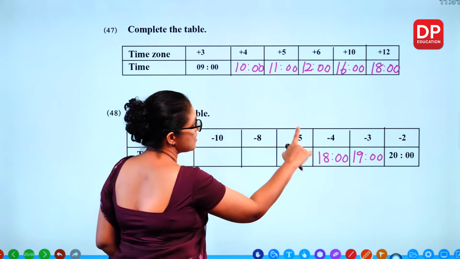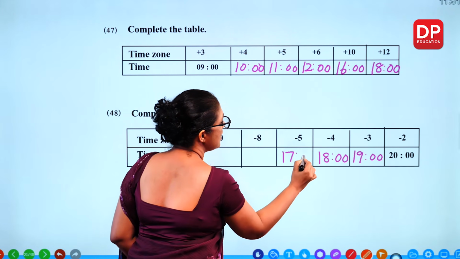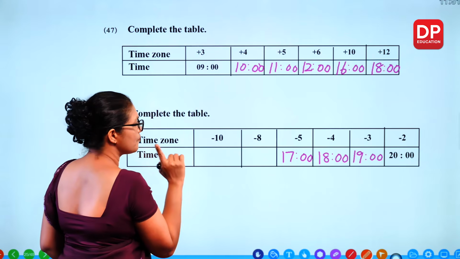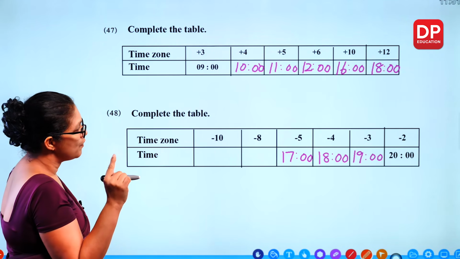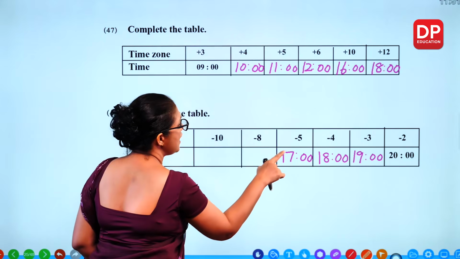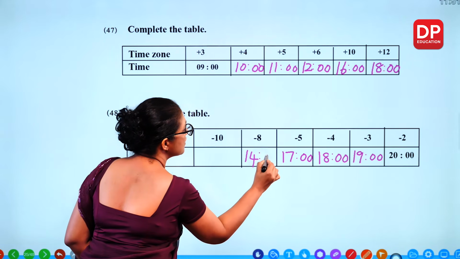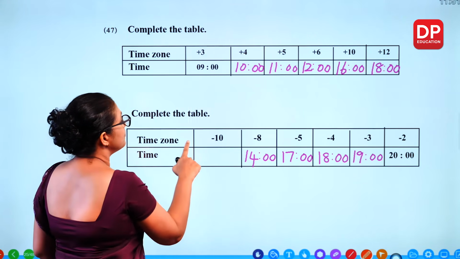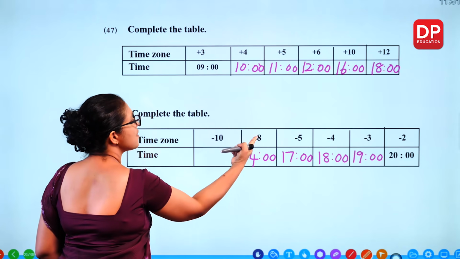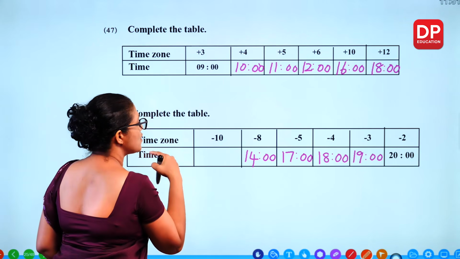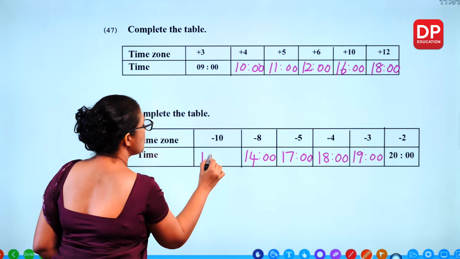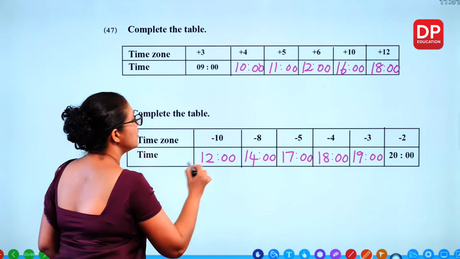Minus 5 means subtract another 1, 5 p.m. Here to here, subtract 3 more, 5 to 8. So subtract 3, you get 14. Again, from here to here, subtract 2 more. 14 minus 2, you get 12. That's 12 noon.